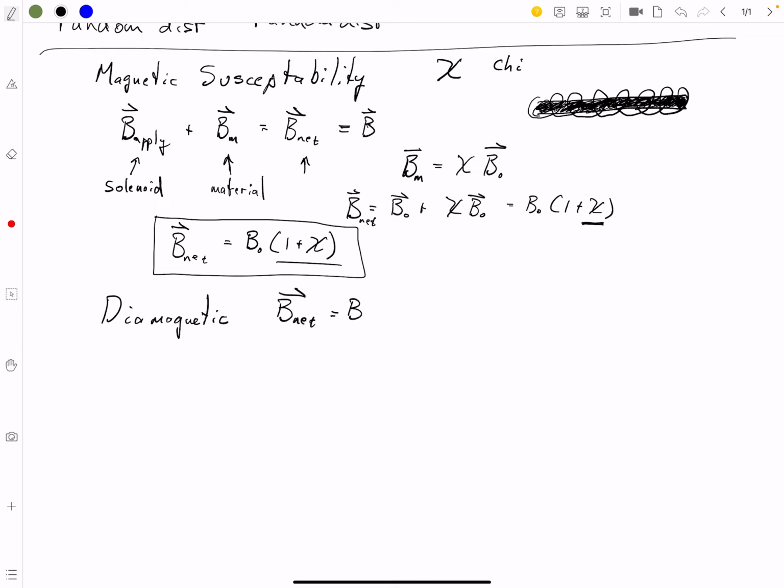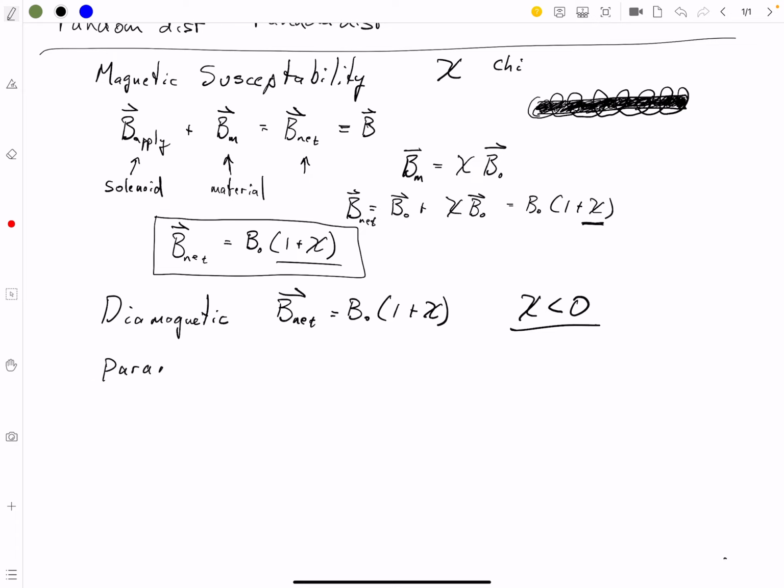The same equation holds, but if it's reduced, then that forces in a diamagnetic material chi to be less than 0. It has to be negative, okay? So diamagnetic chi is less than 0.